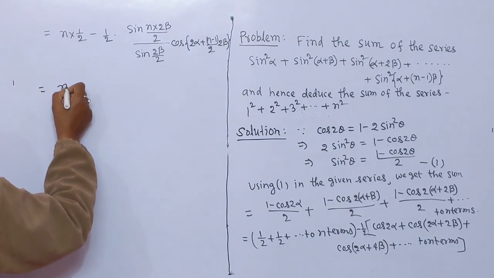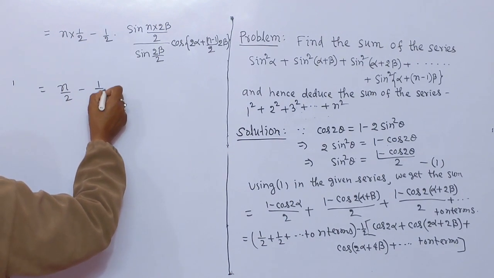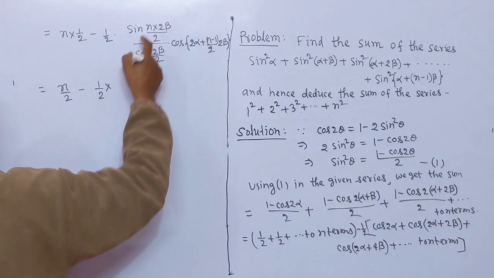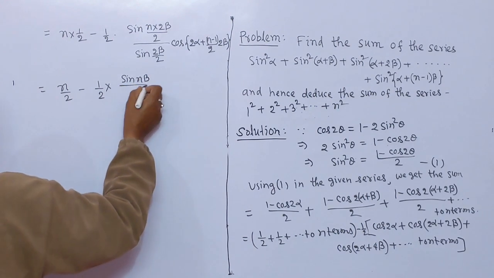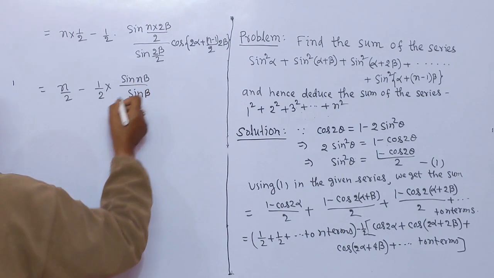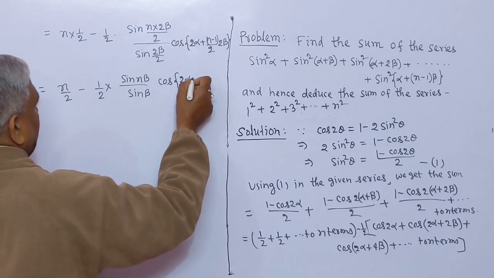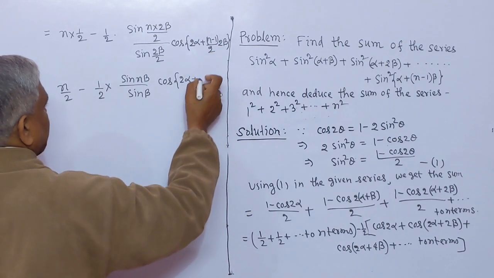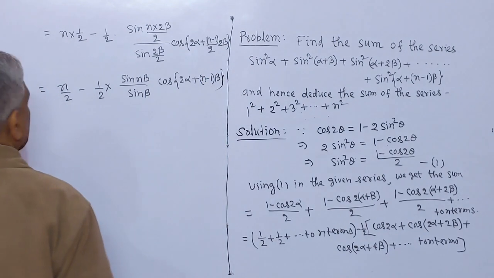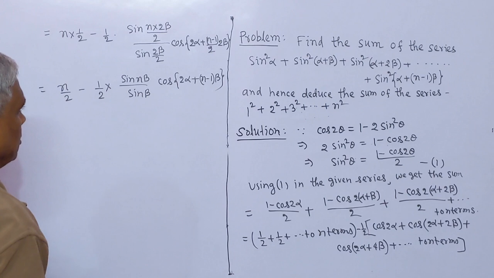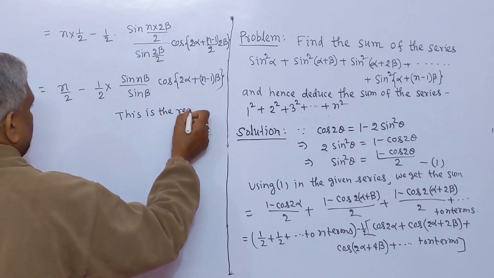This is equal to n by 2 minus half, multiply 2 cancel, sine n beta by sine beta, here cos (2 alpha plus (n minus 1) beta). This is the required result.